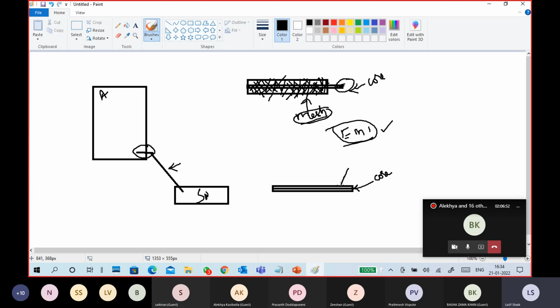For protecting the data from deviation or pushback, we use the clad. The clad is also made up of glass only, and there is the outer shield, like a plastic shield, to protect our cable.